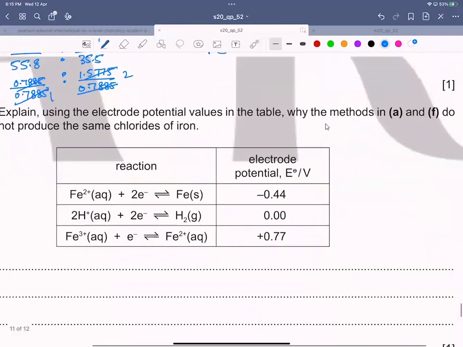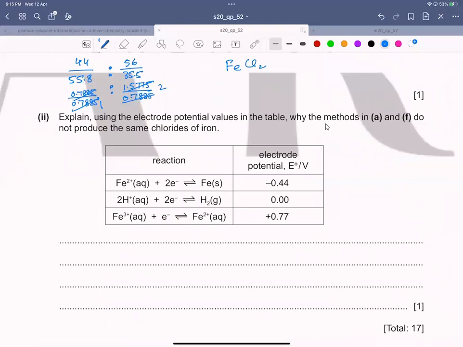Now the next part. Explain using the electrode potential values in the table why the methods in A and F do not produce the same chlorides of iron.